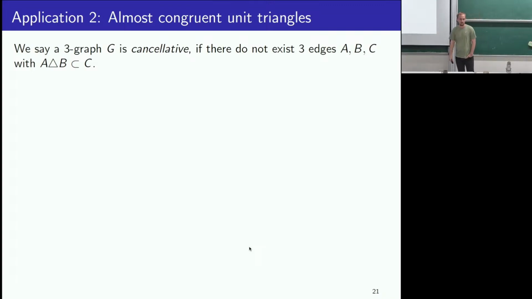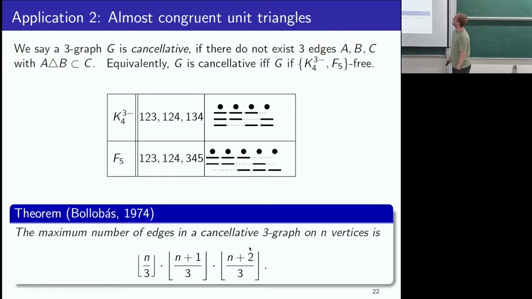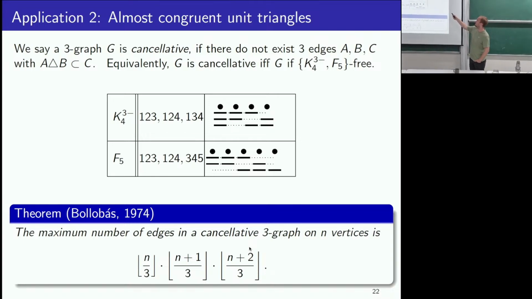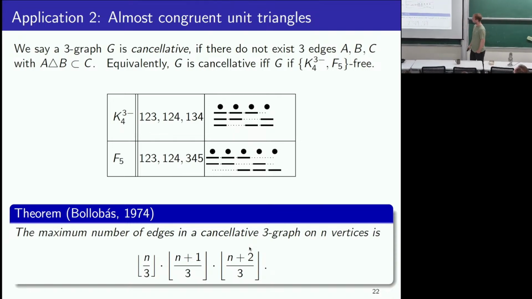And whenever I look at this definition, it's not very intuitive for me. Luckily, there's an equivalent formulation of this which I like much more. It turns out a 3-graph G is cancellative if and only if G doesn't contain a 3-graph which is called K4 3 minus and another 3-graph which in literature is called F5, or the generalized triangle.